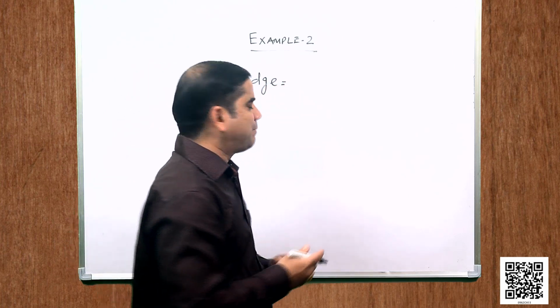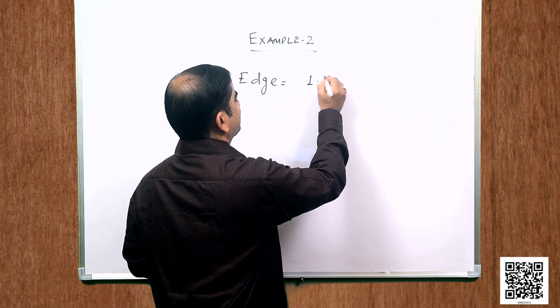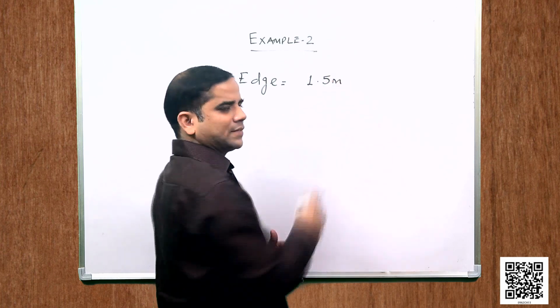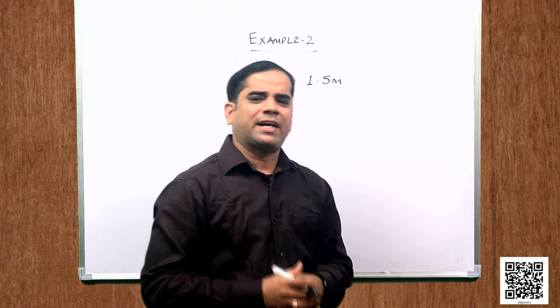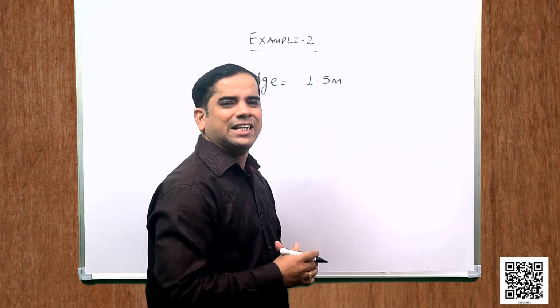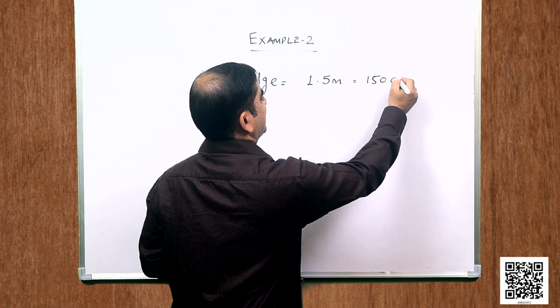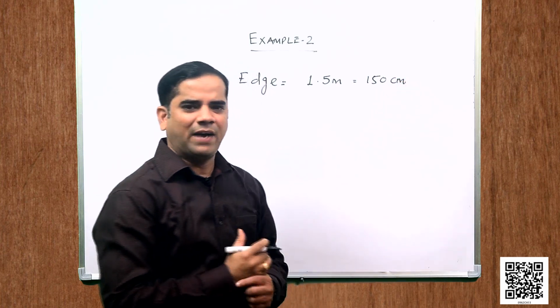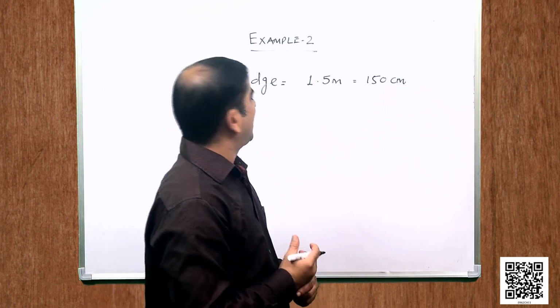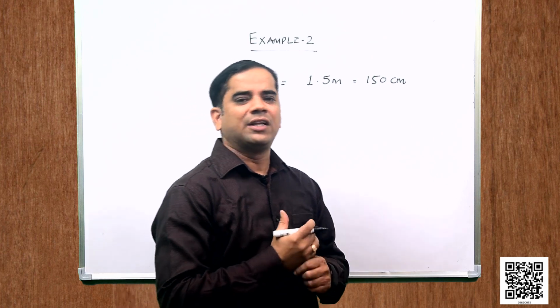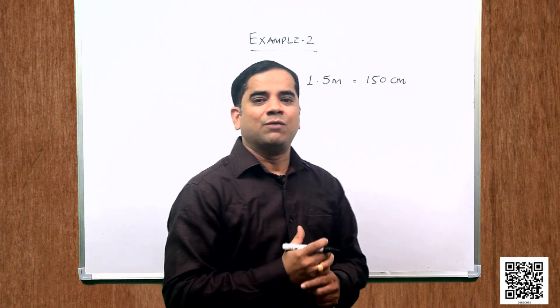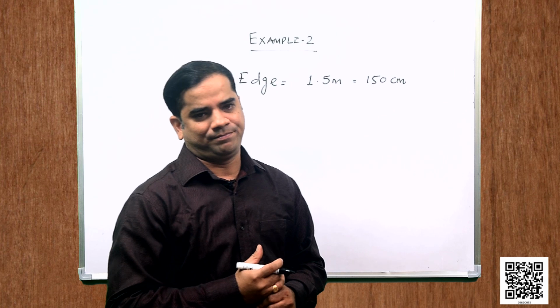The edge is 1.5 meter. Fine. So, for convenience, let us convert this into centimeters. So, it is 150 centimeter. Fine. That means the side of the cube is 150 centimeter.